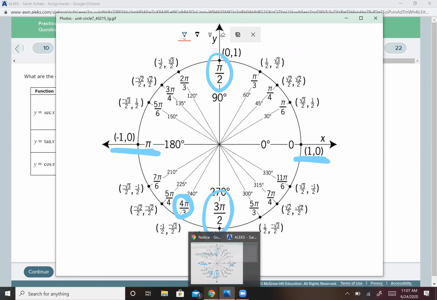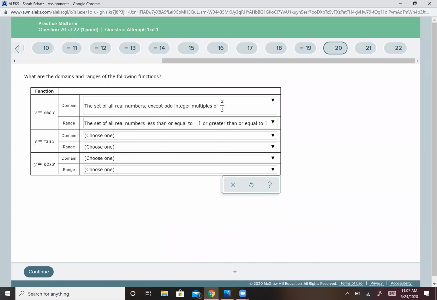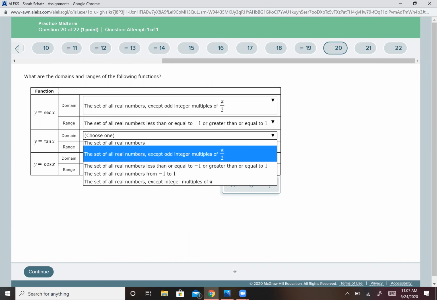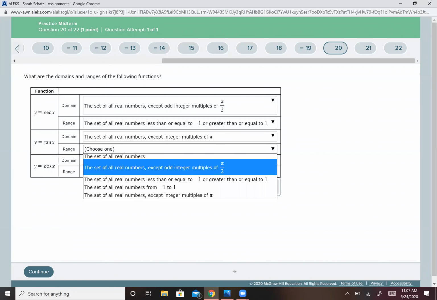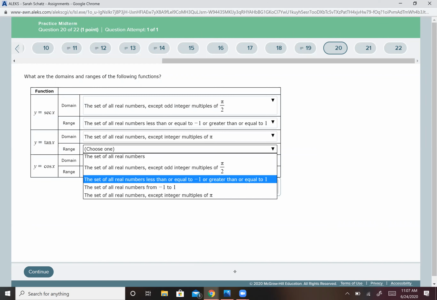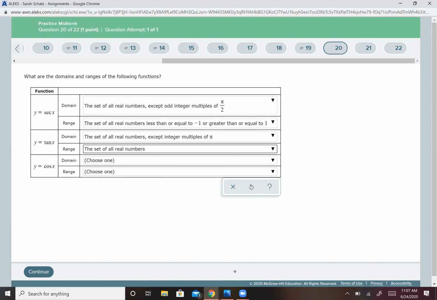So I'm going to pick a domain of everything except for the pi's. Now remember, the range of tangent and cotangent are the easiest: it's everything. Tangent can take on any value, and cotangent is the same way.